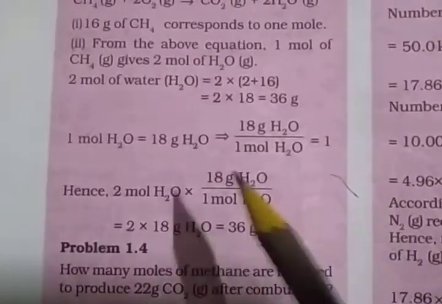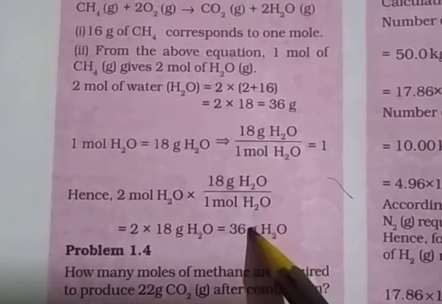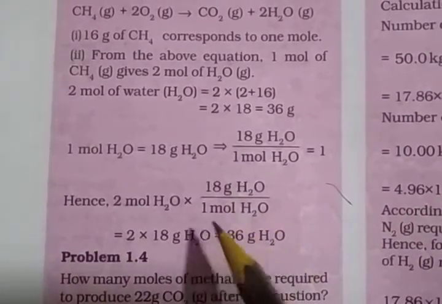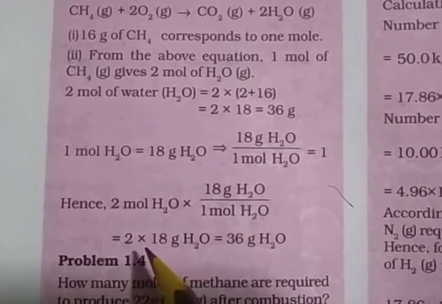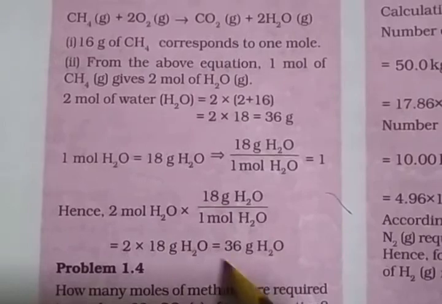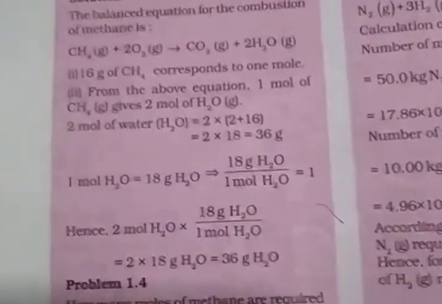And 2 mole H2O multiplied by 18 gram divided by 1 mole H2O gives 36 gram water. Okay, clear?